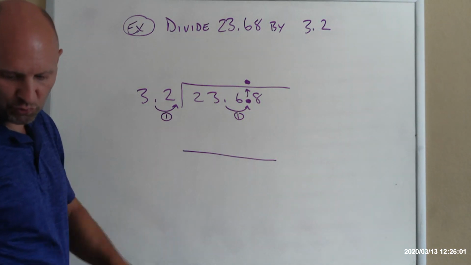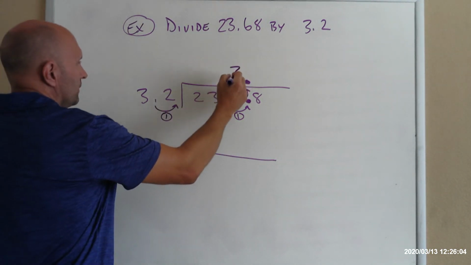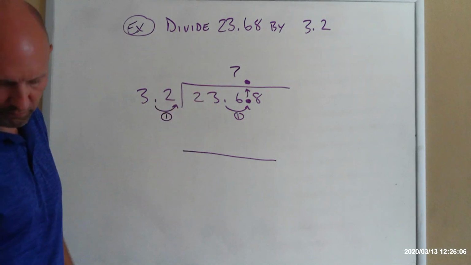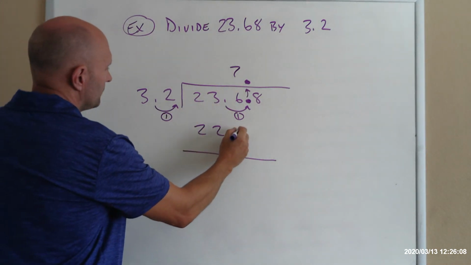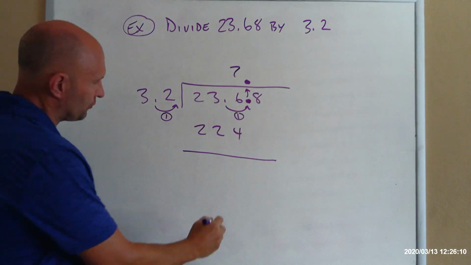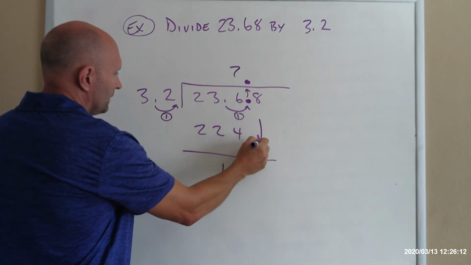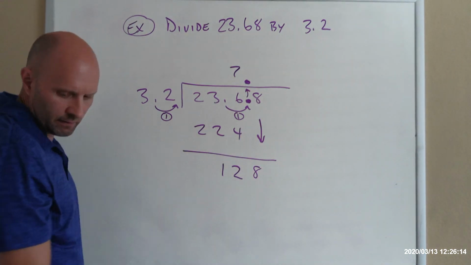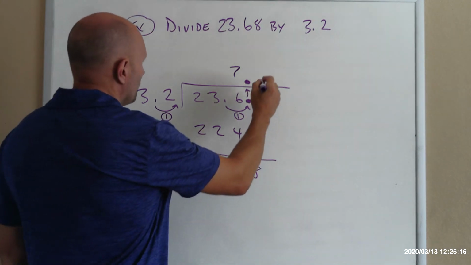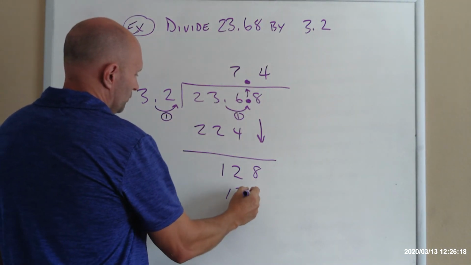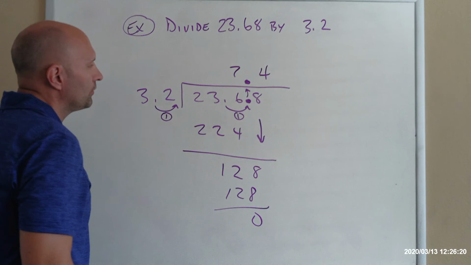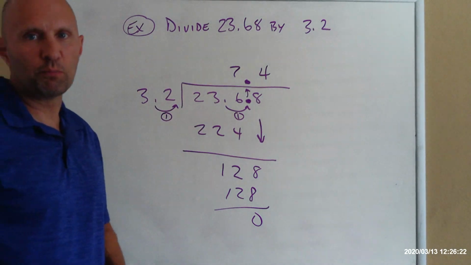If I do the long division, there would be a 7 that goes there. We get 224. When I subtract, I'm left with 12. Bring down the 8. That gives me a 4. 128, so 0 remainder. So your answer would be 7.4.